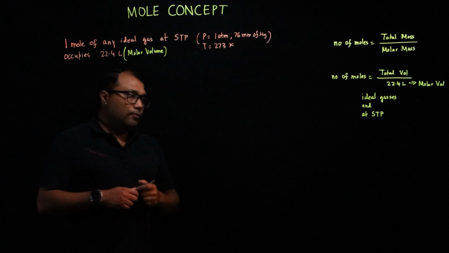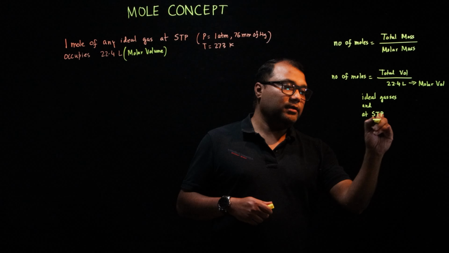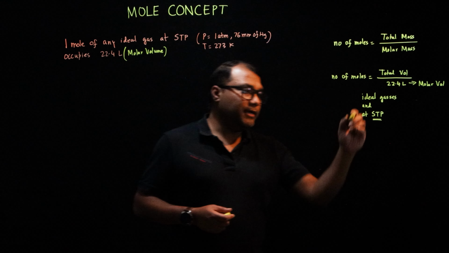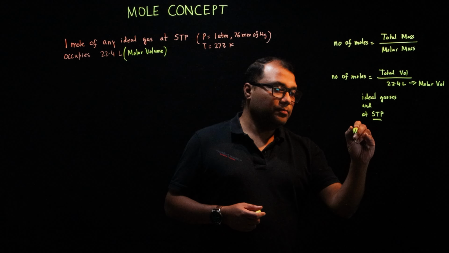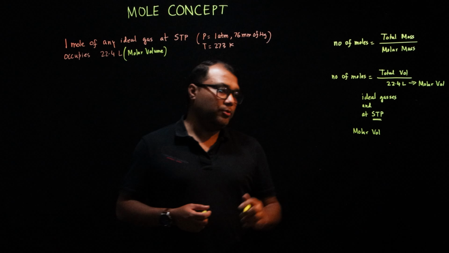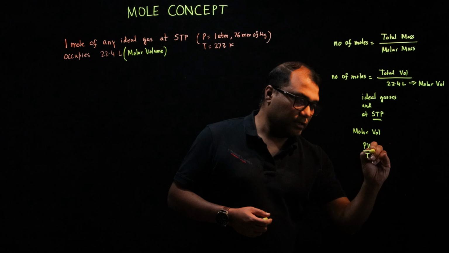Now what if that ideal gas was not at standard temperature and pressure? Then you will have to adjust the molar volume based on Charles law and Boyle's law, which is PV by T is a constant.